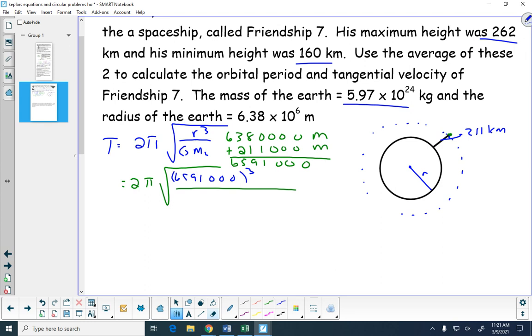Then my G value. Oh, what's my G? 6.67 times 10 to the negative 11. And then my mass of the Earth, 5.97 times 10 to the 24th.